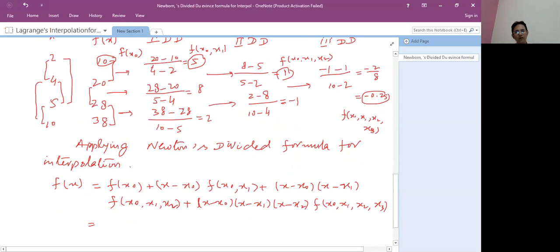So student, from the divided difference table, f of x naught is 10. What is x? X, student, you have given 3. You have to determine at this point the value of y, which is a question mark.